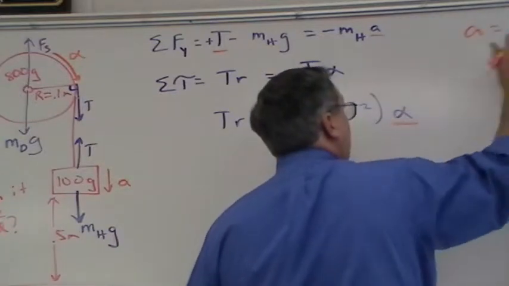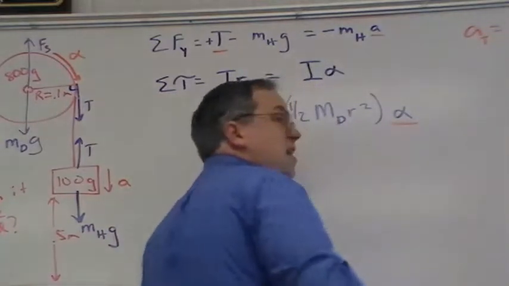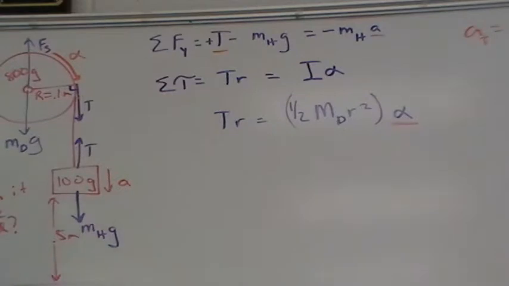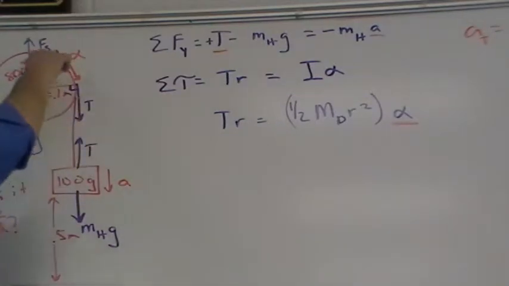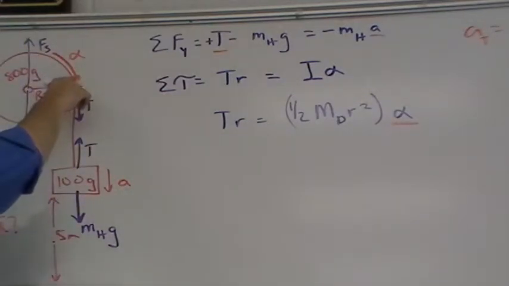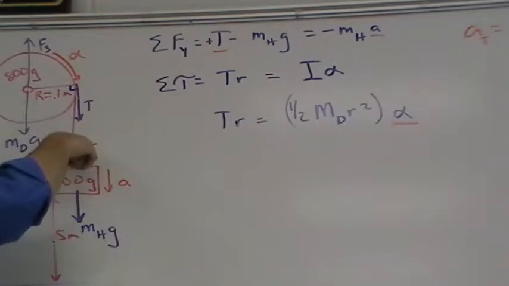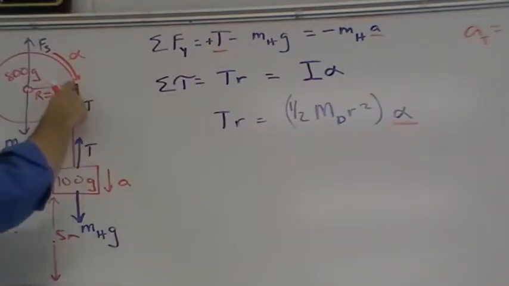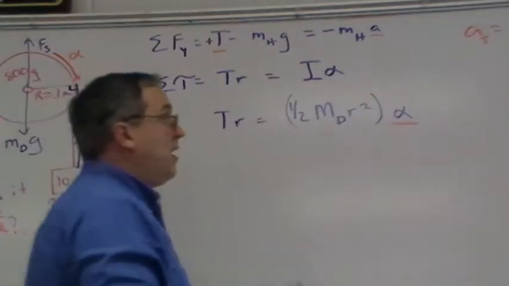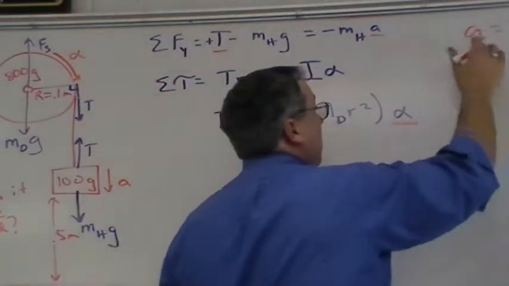You know, in this formula, that A stands for the tangential acceleration of the disk. But the point at the edge of the disk, that's where the rope is. And the rope's moving as fast as the edge of the disk moves. So I can use A equals R alpha.